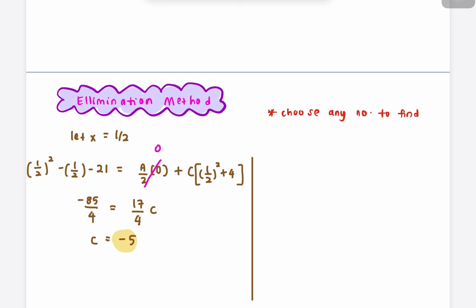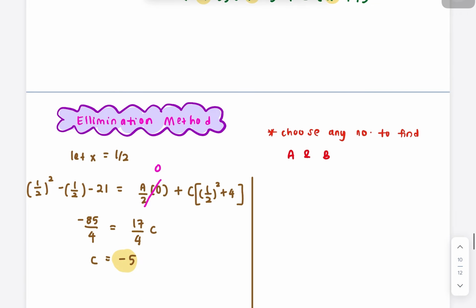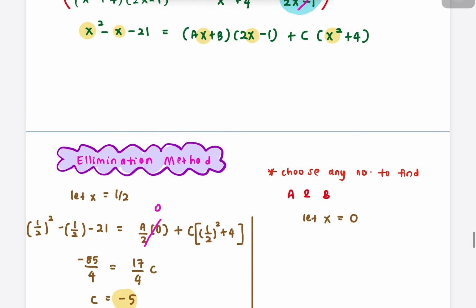Let's say Madam lets x as 0. Okay, so you substitute x with 0 for the left side. So 0 multiplied with 0 multiplied with -21 is -21, equal to 0 plus b is b, 0 minus 1 is -1. So this is b times -1 plus c times 0 plus 4, which is 4.